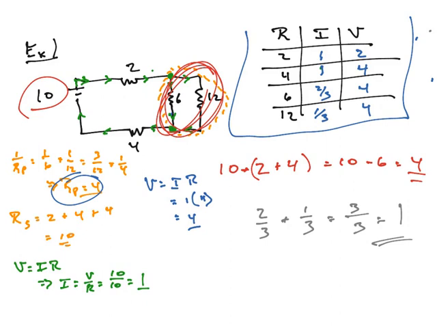The more you work, the faster you're going to be when it comes to time for the test, because this is the kind of stuff you're going to be doing on this first test whenever it comes up, filling in these tables and using Ohm's law and the rules of series and parallel to get your information. So sacrifice your time now to make your life easier down the road.